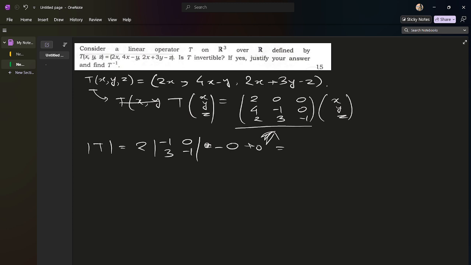So our answer is 2 into 1 equals 2, which is not equal to 0. So the matrix is non-singular, and a non-singular matrix is invertible, so T is invertible. The first part is done.